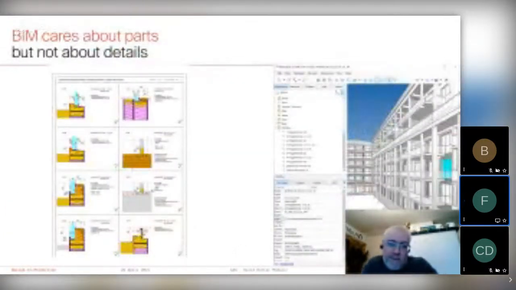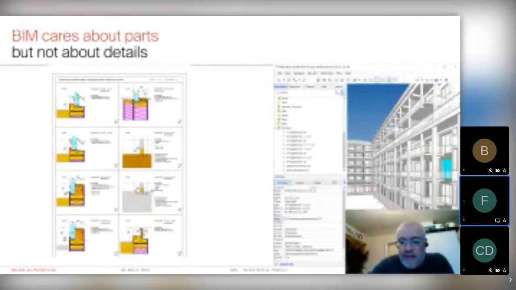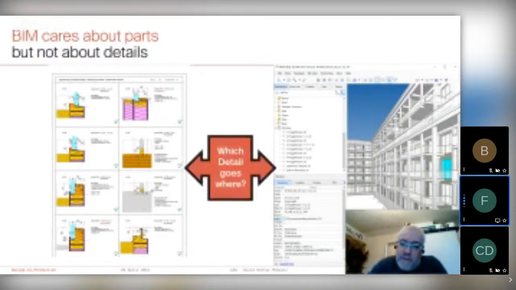Another thing that we realized during the Crocodile project is that building information modeling cares a lot about parts. So you have intricate models like on the right-hand side where every part has a lot of information, but it does not care at all about details. Basically, if you have different window details, you cannot find which detail actually goes where.